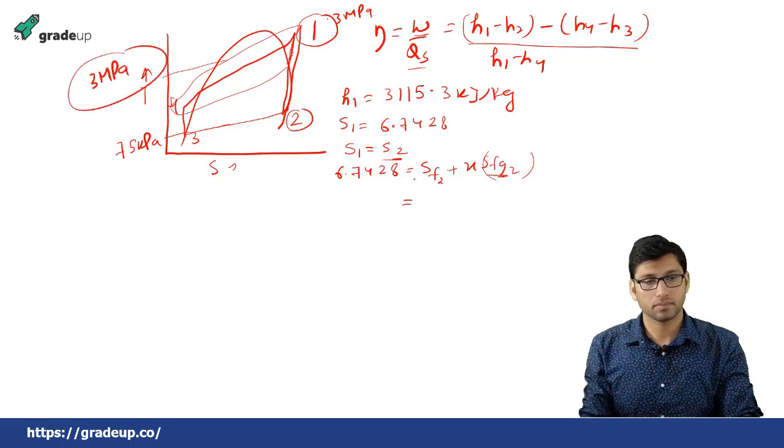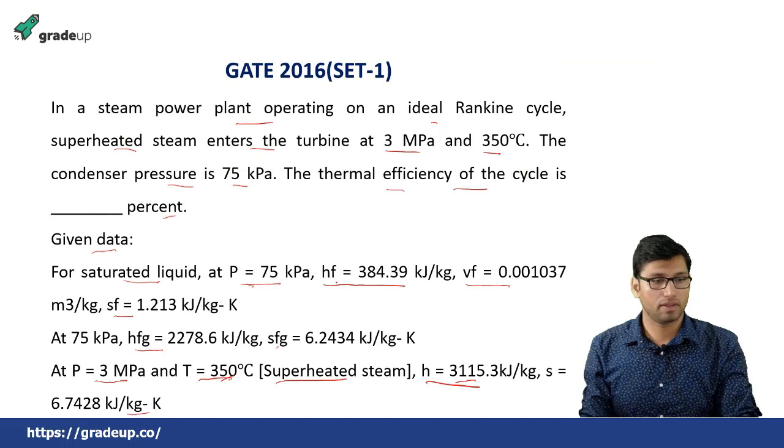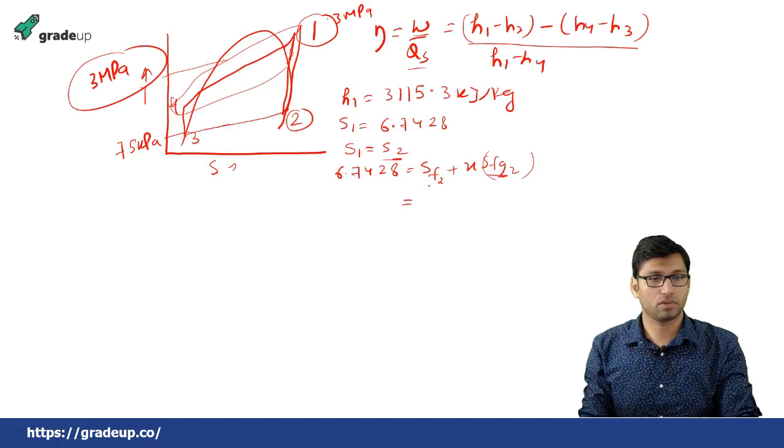SF2 is given as 1.213, and SFG2 is 6.2434. So 1.213 plus X times 6.2434. After solving it, you will get the value of dryness fraction X equal to 0.88.